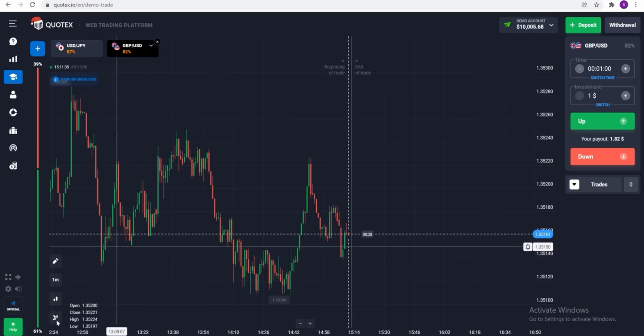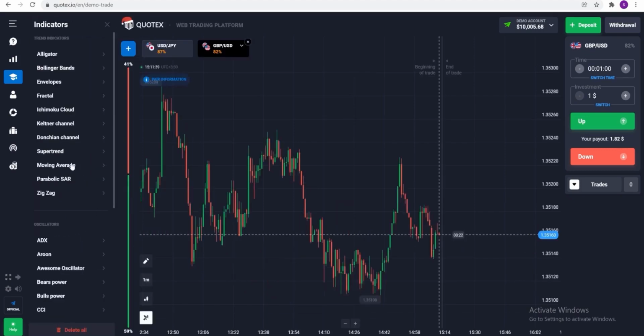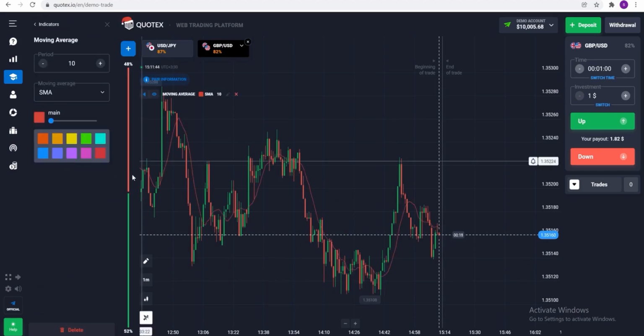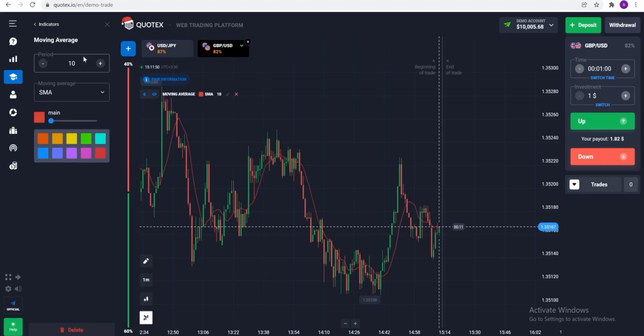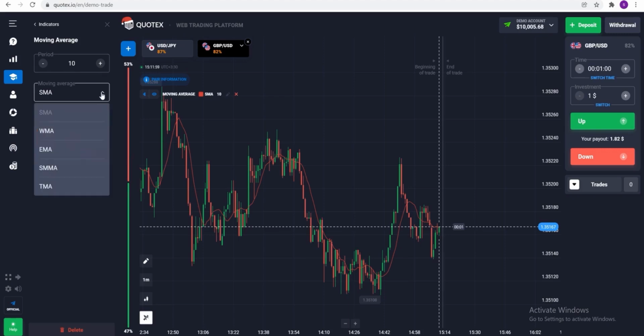Now, if you're working on quotex, you can go to the indicators section and click on moving average. Let's start by reviewing the first type. As you can see, this top section where it says 10 indicates the period of the indicator. We won't focus on that for now, but I'll explain what it means and how it works later on. If you click on the lower section, it shows you the different types of moving averages.